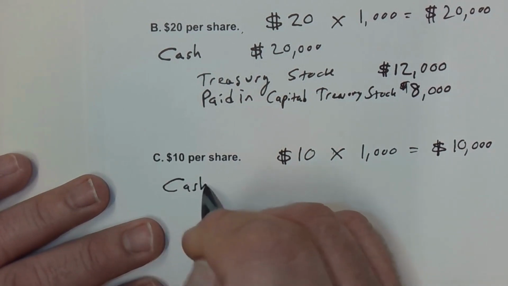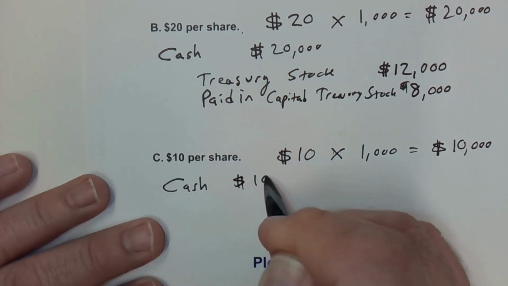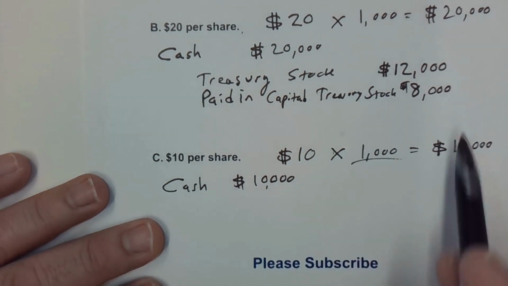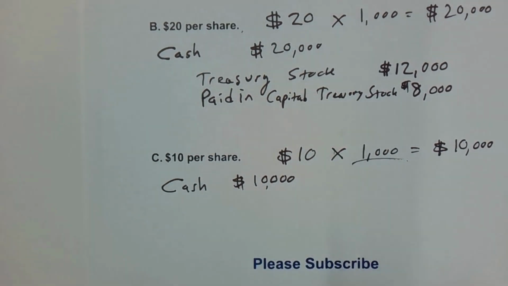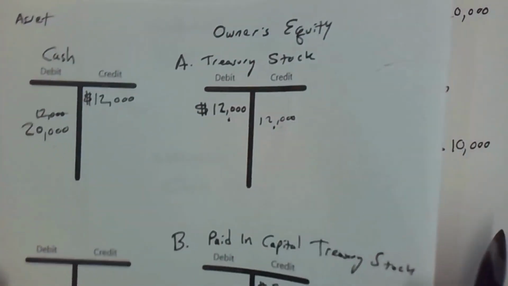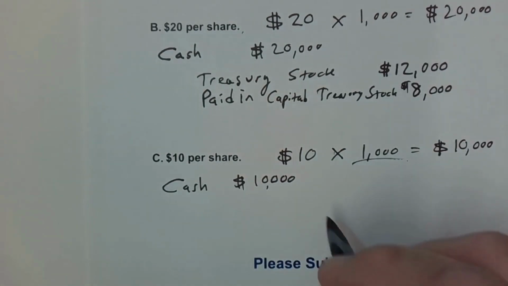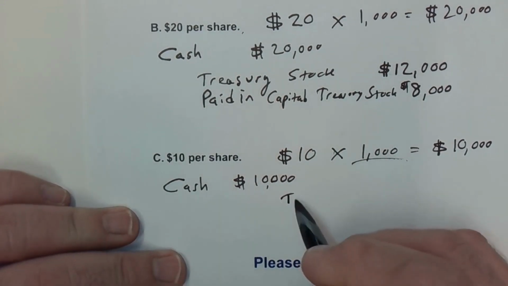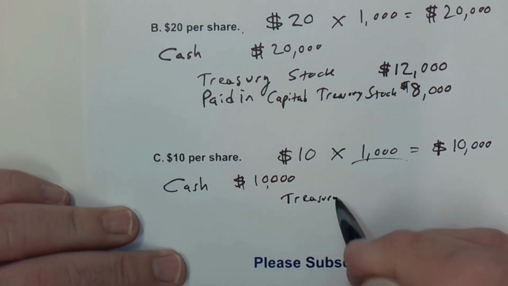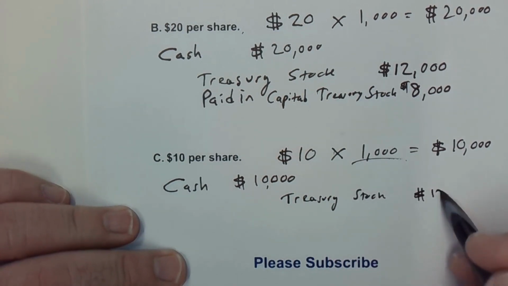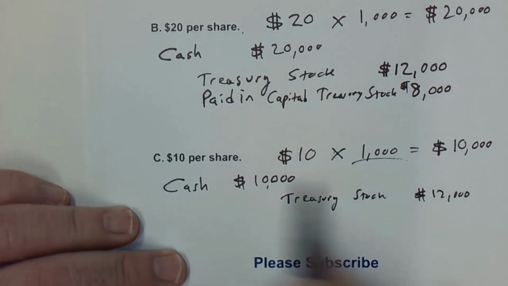So we're going to debit cash for $10,000. And we're selling all 1,000 shares, so we still have to close out this Treasury Stock account. So we still have to credit Treasury Stock for that full $12,000. But we're not in balance.